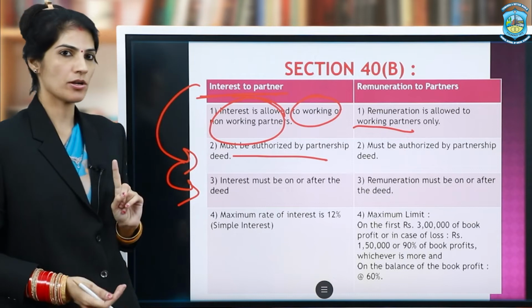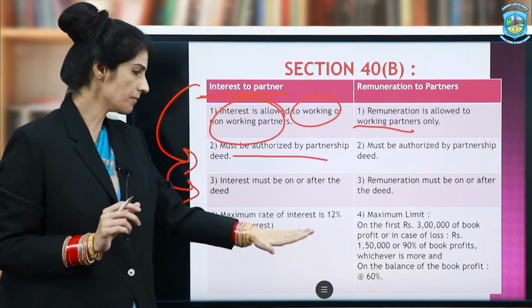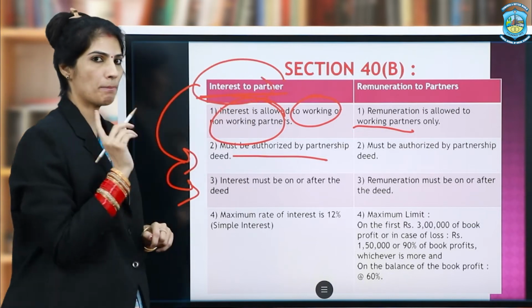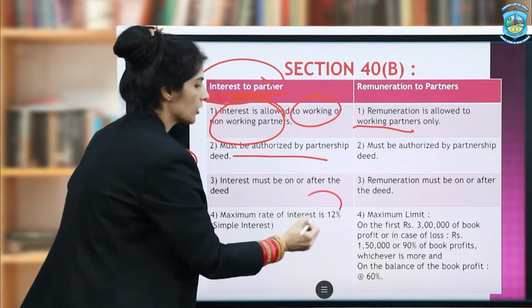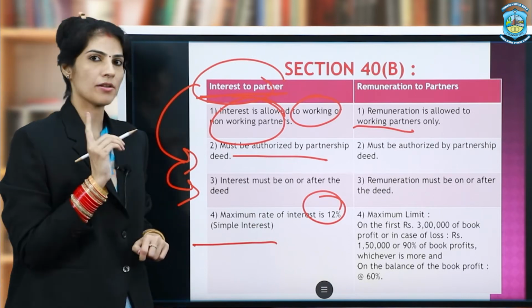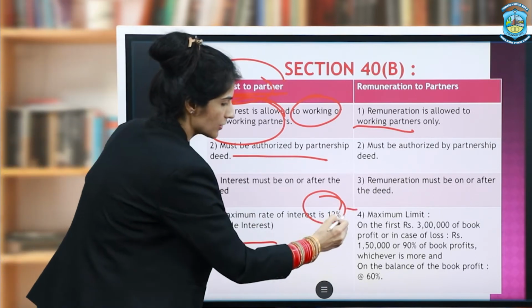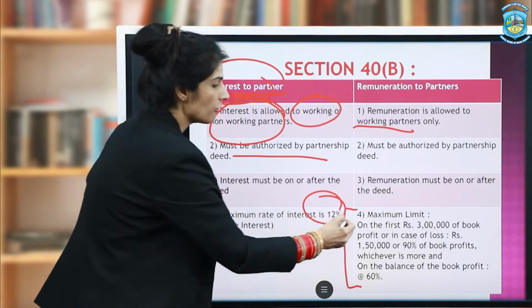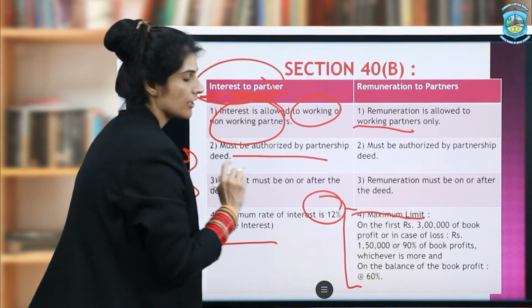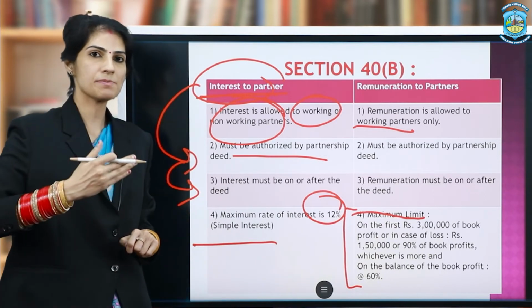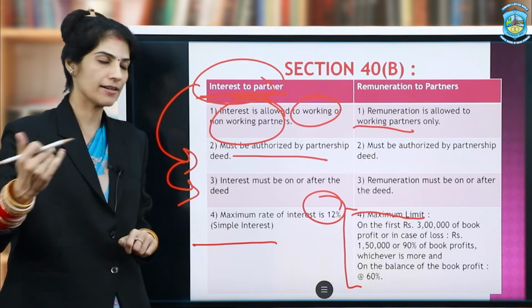Now, the most important point is the limit. This is the most important point. When you talk about interest which is given to a partner, the maximum limit is 12% simple interest. And when you talk about remuneration, this calculation is most important that you need to understand. When you are finding out the maximum limit, the first step is that you need to find out the book profit, that I will explain to you with an example in the later slides.